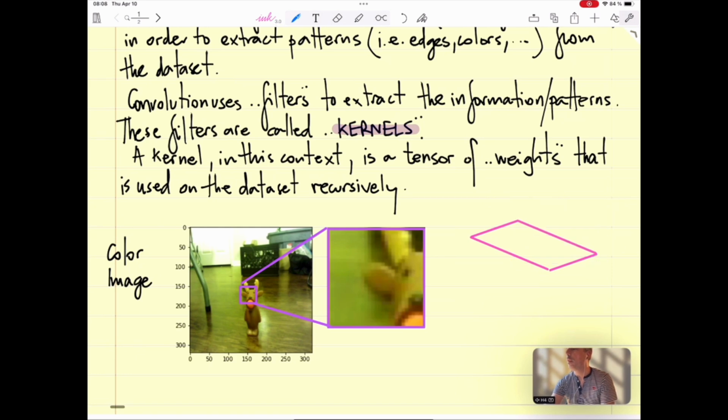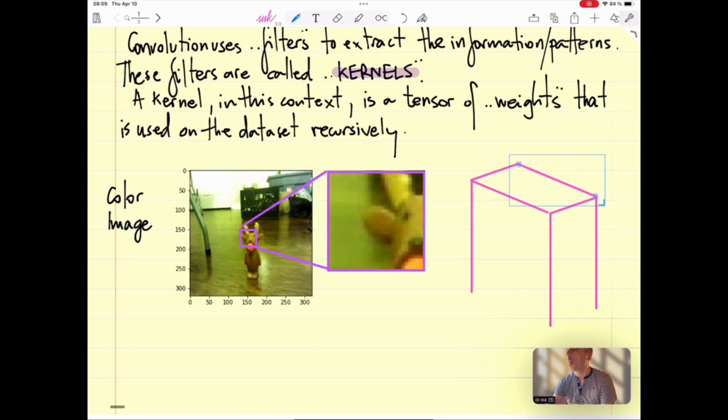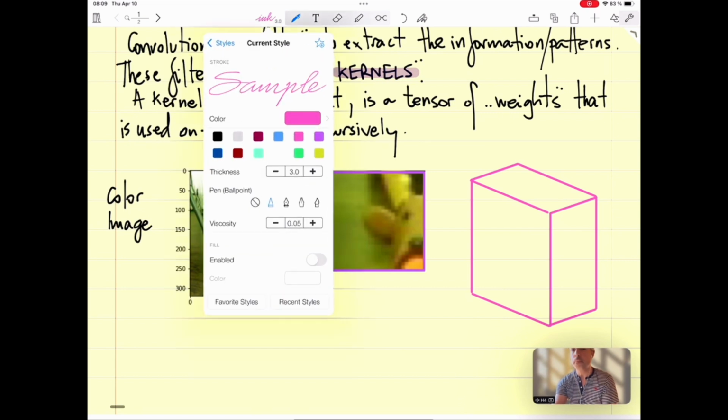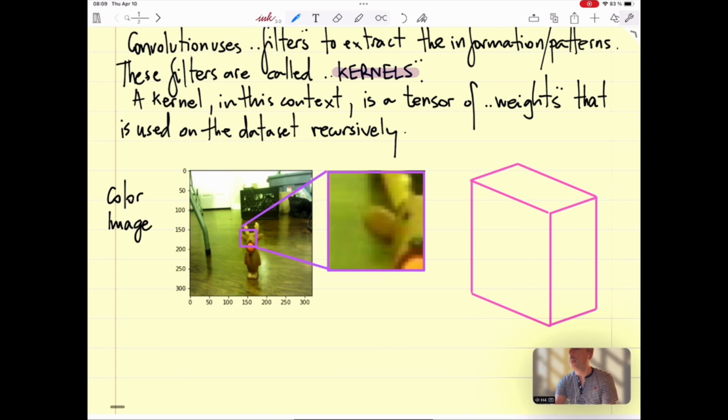Let me paint it so that it can be better understood. So we have our cube, and why do I say this is a cube? Because we have 3 layers put together.